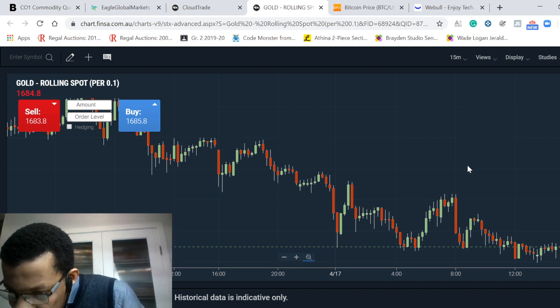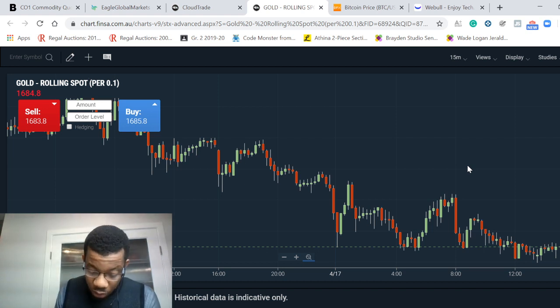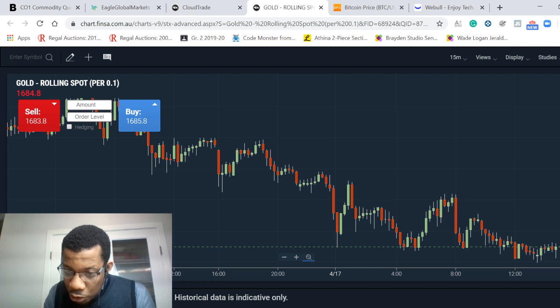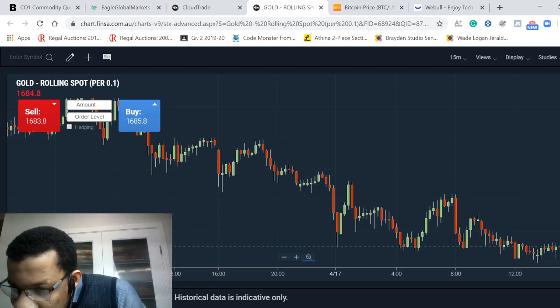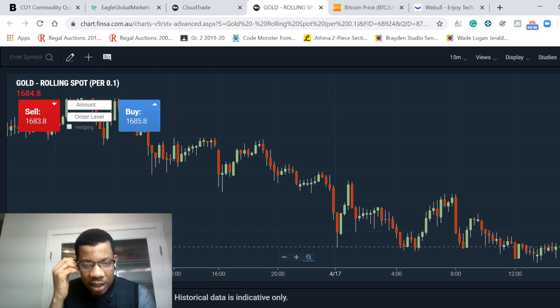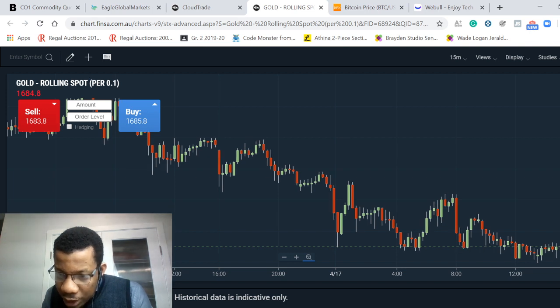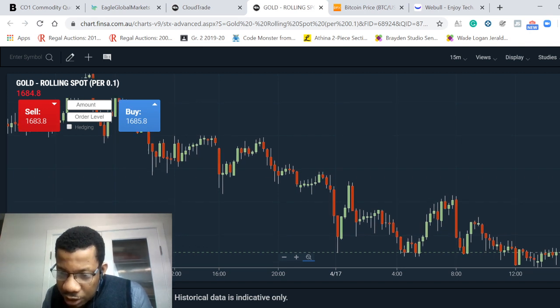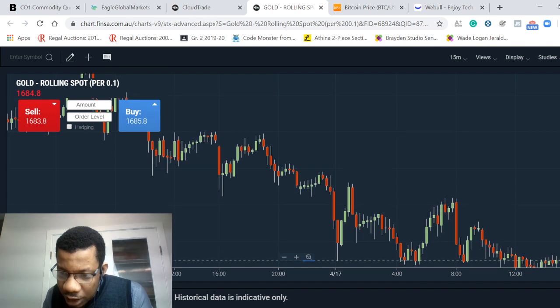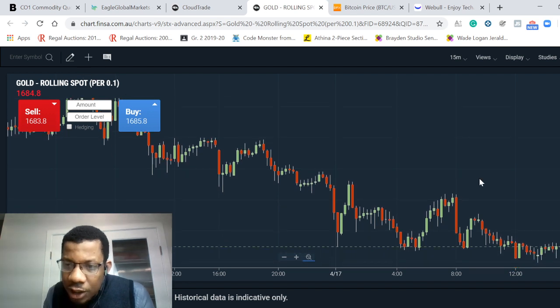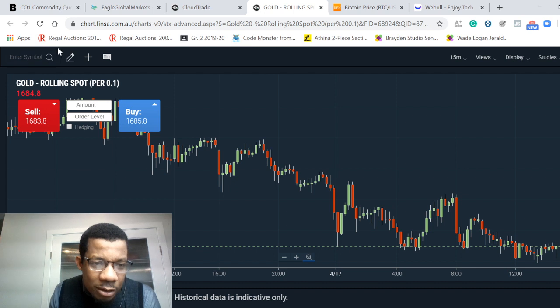Now, if you look at this particular chart in your window right now, you can see that there's a support level here at 1684, and there's that price there, there's that support level there.